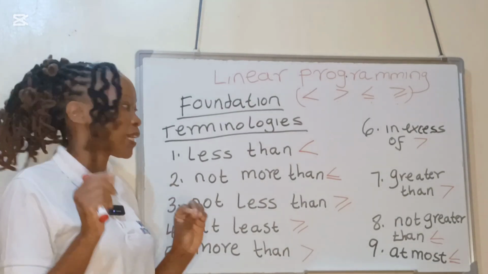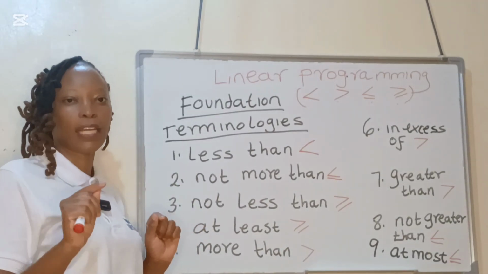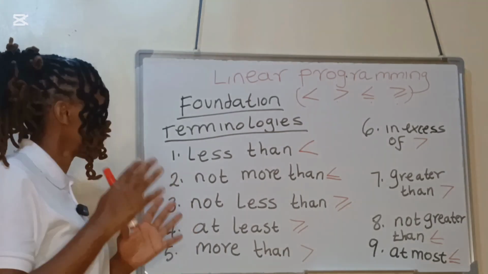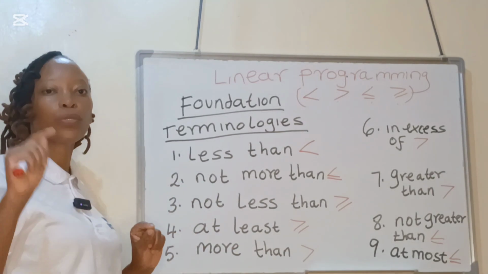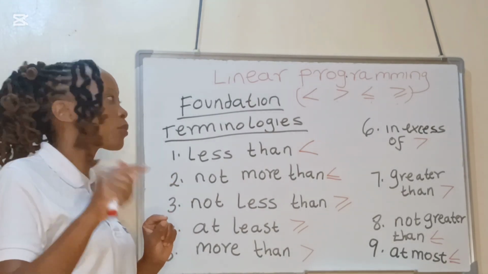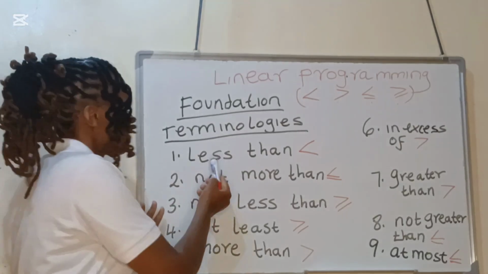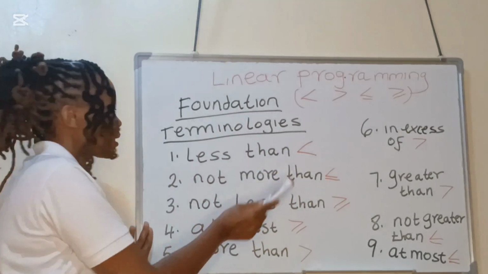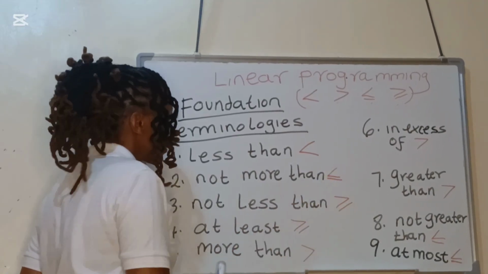I can repeat these 9 terminologies again. I don't get tired of repeating, so that at least you get to understand. We have 9 terminologies that we use when calculating questions on linear programming. Let's start. Less than, we use this symbol. Not more than, we use less than or equal to.